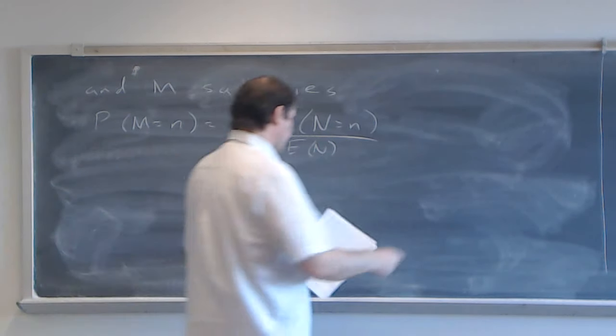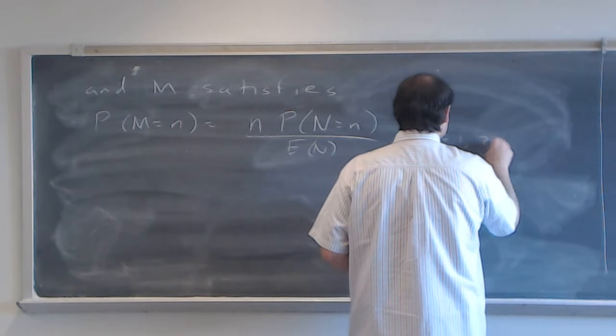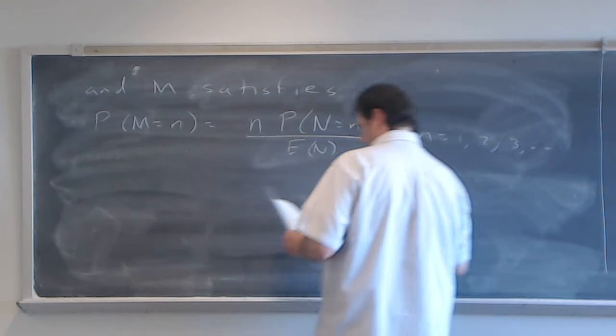And so n here can be equal to 1, 2, 3, forever.